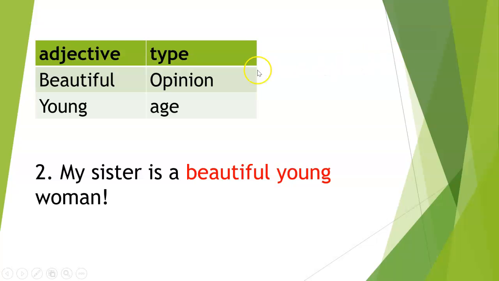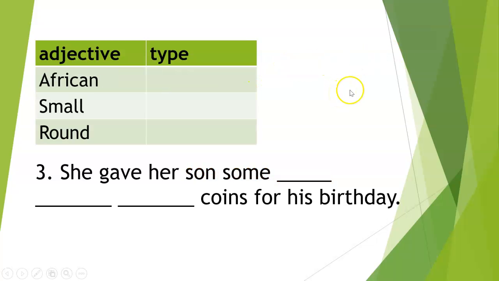Okay, so let's move on to example number 3. She gave her son some blank blank blank coins for his birthday. Now in this example, we can see that there are 3 different adjectives for this one. So how would we put these in a sentence? Well, first, let's think about what kind of adjectives are these.